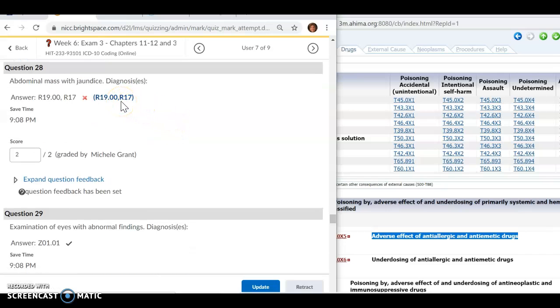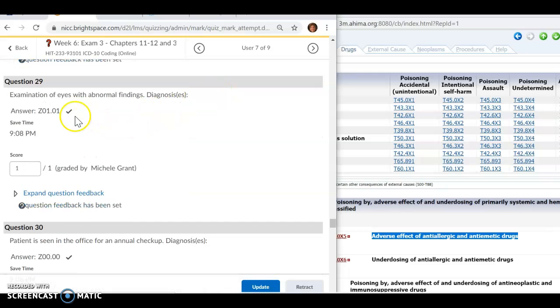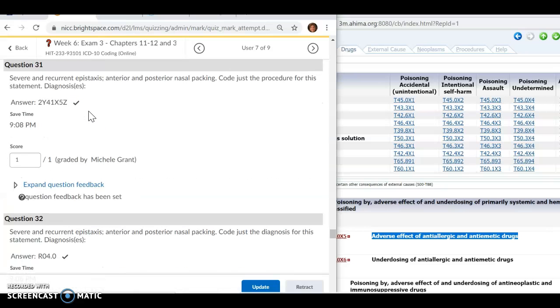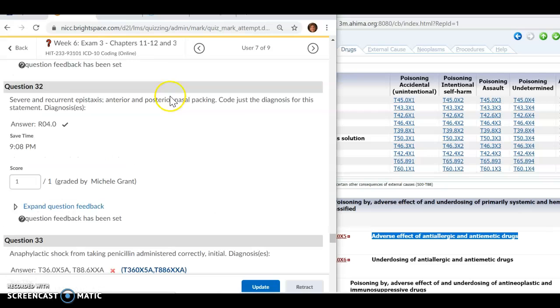This one here, we have abdominal mass with jaundice. Okay, so we code them both. One's not integral to the other, so I need both diagnosis codes. Examination code was good. Annual checkup was good. Just the procedure, that one went well.